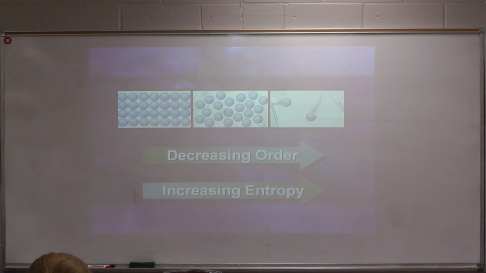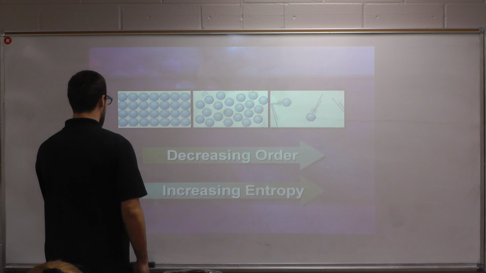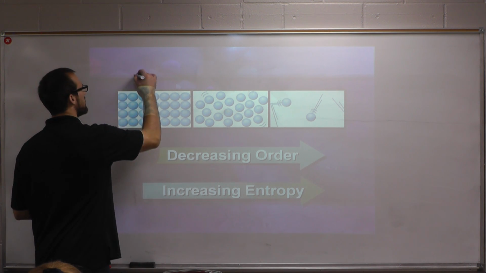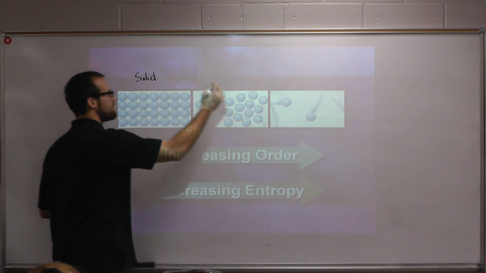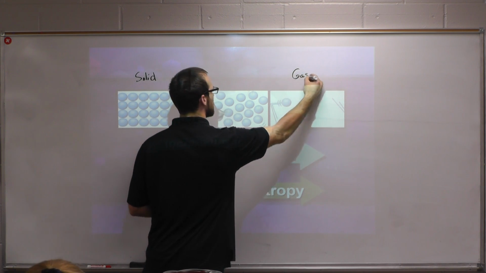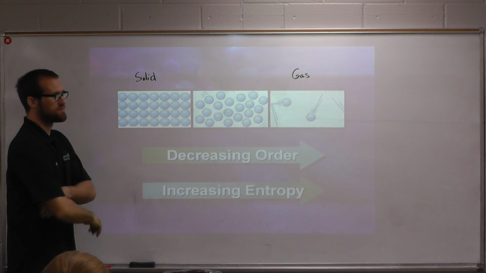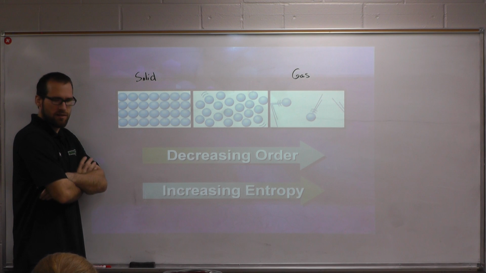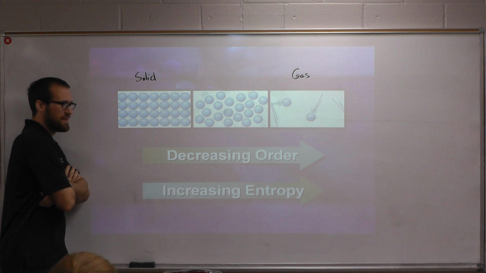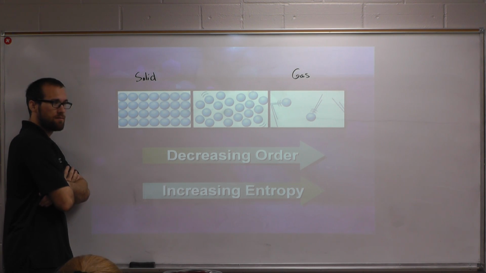What do you think those three pictures are trying to show? Liquid and gas. This should make sense. Solid, liquid, gas. Which of the three is more ordered? Solid. So it would have the least entropy.